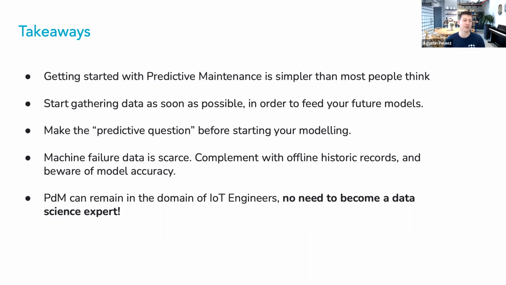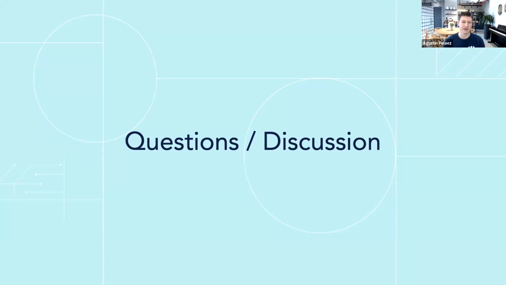And lastly, the most important one is let's keep predictive maintenance within the domain of IoT engineers without having to hire a software or data science expert in the process, at least for most of the use cases, which is at the end what we try to advocate here at Ubidots.